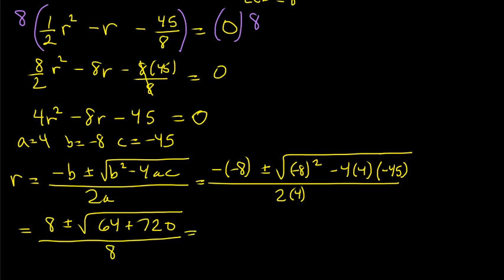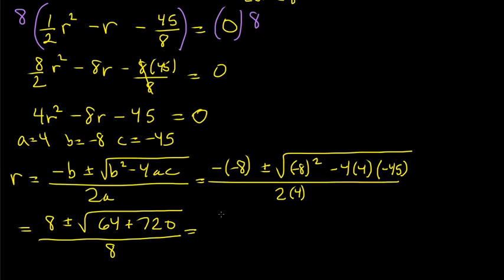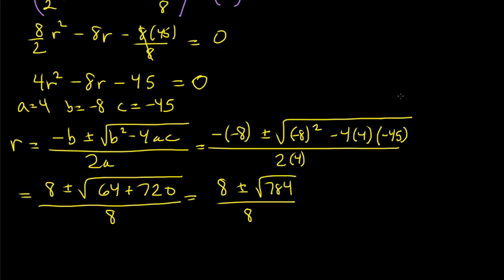Okay, so 720 plus 64 is 784. And let me write that down. So, sorry, 8 plus or minus the square root of 784 all over 8. Okay, so that's it. Can we go any further?